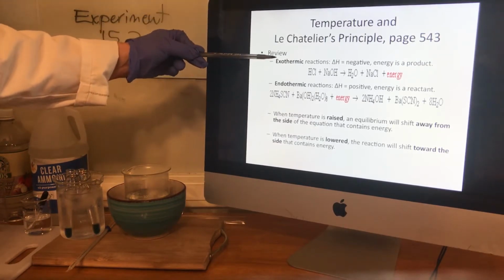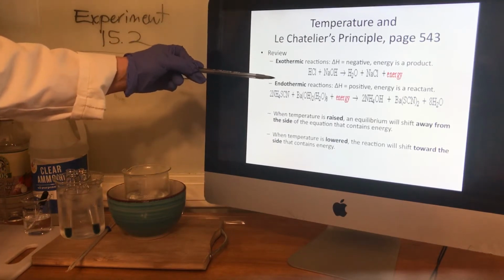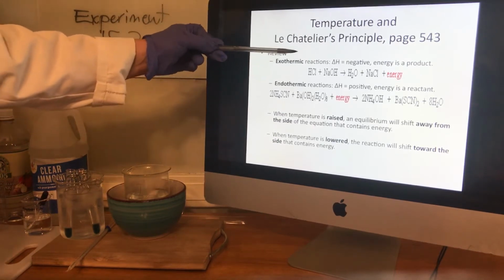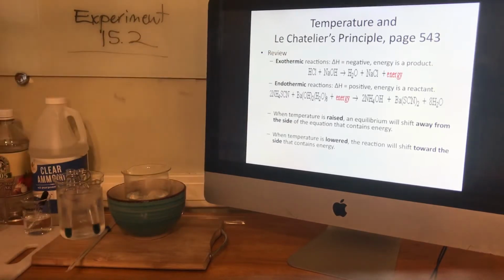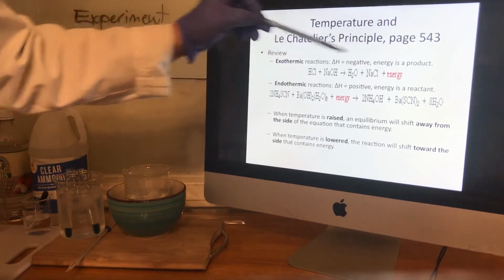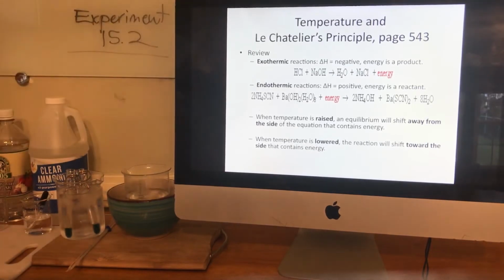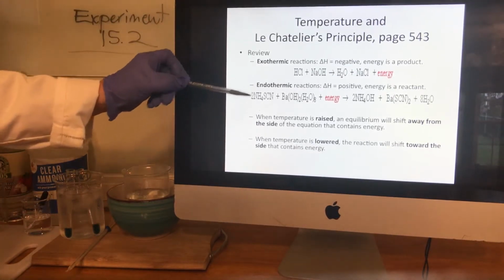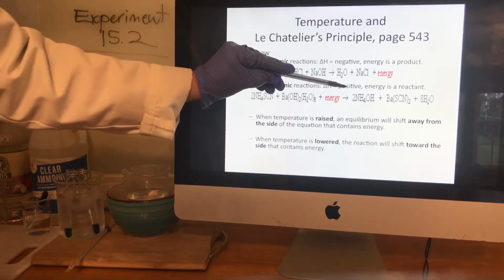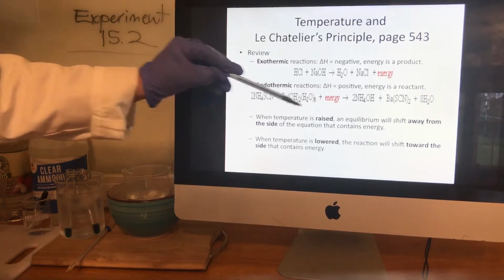So just to review the difference between exothermic and endothermic reactions, we know in exothermic reactions, our delta H is negative and energy is considered a product. And then in endothermic reactions, the delta H is positive and the energy is put on the reactant side.